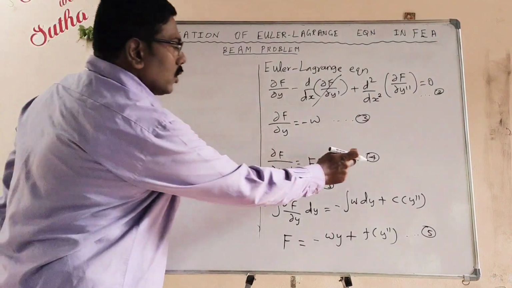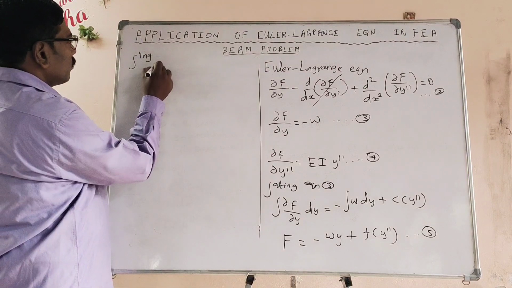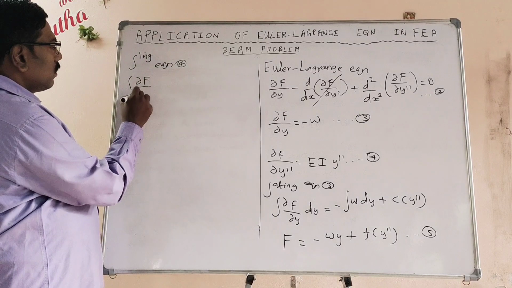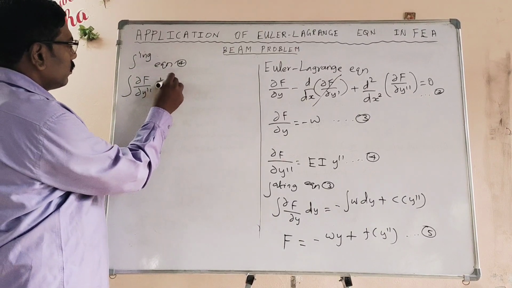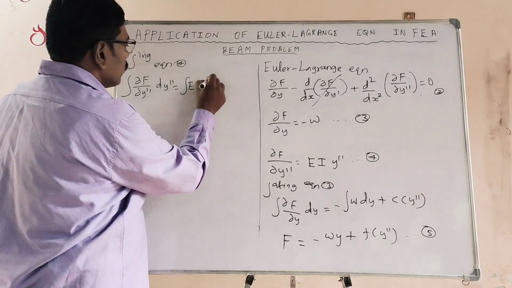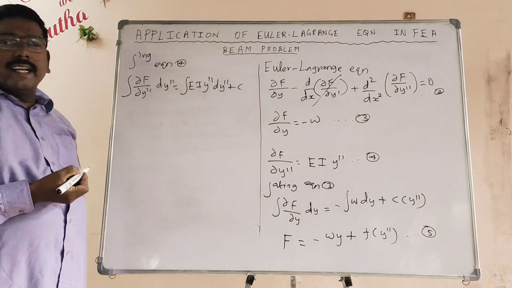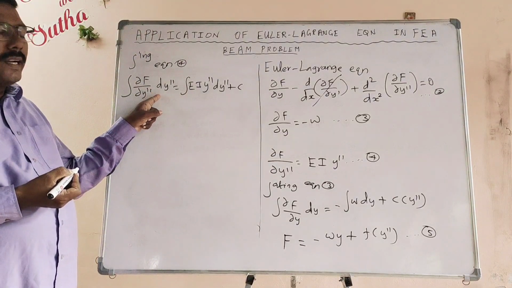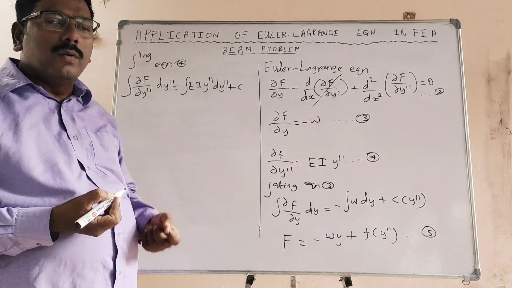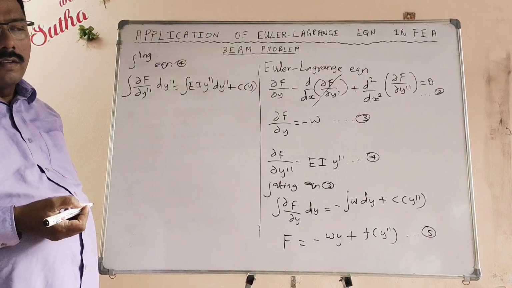So integrating equation 4, we get the integral. Here we are integrating with respect to y double dash, so the arbitrary constant can be written as a function having only the variable y, that is constant of y.